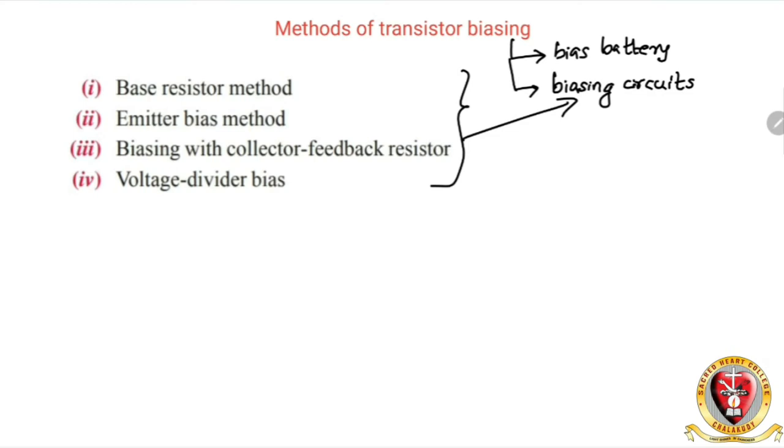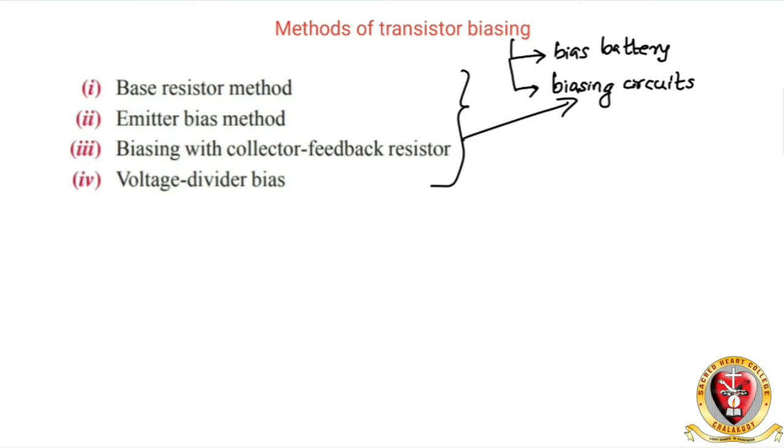So what are the advantages of using biasing circuits? Biasing circuits are used in case of simplicity. If we need simplicity in our circuit, it is desirable that we should use a biasing circuit.